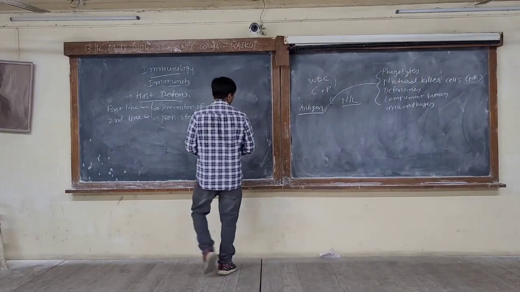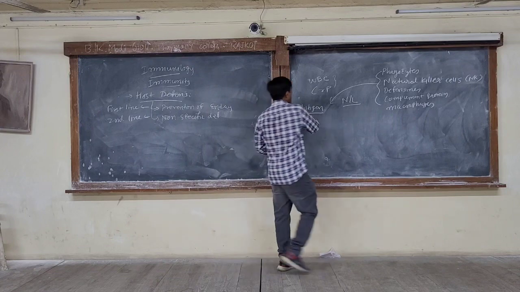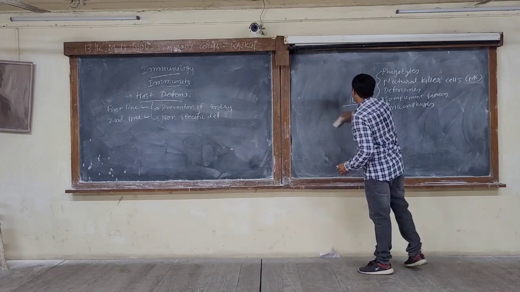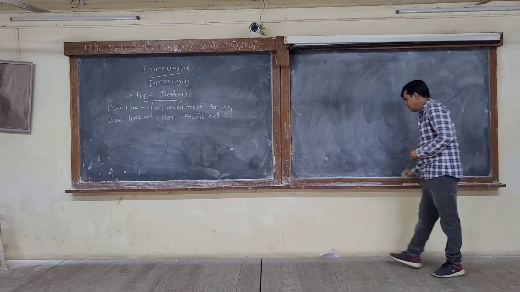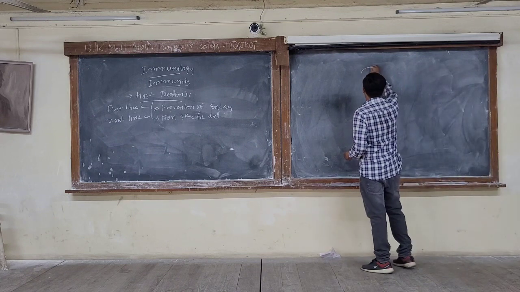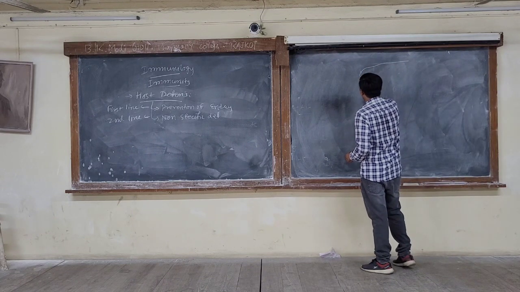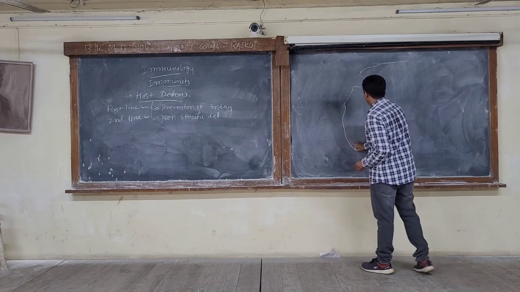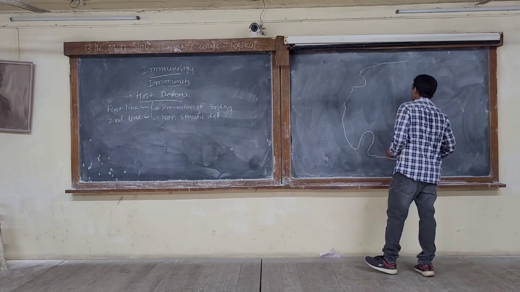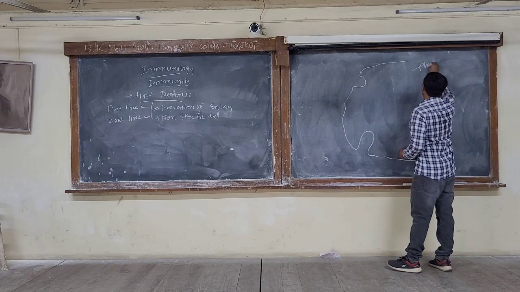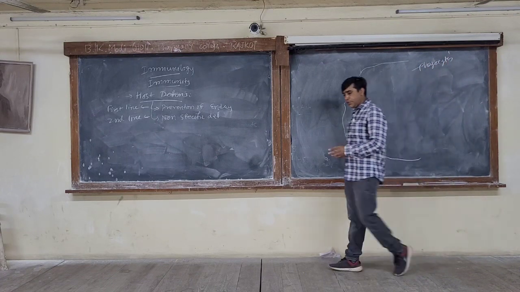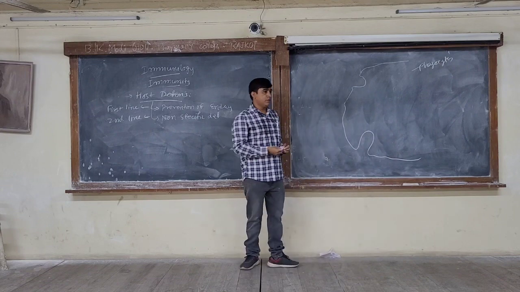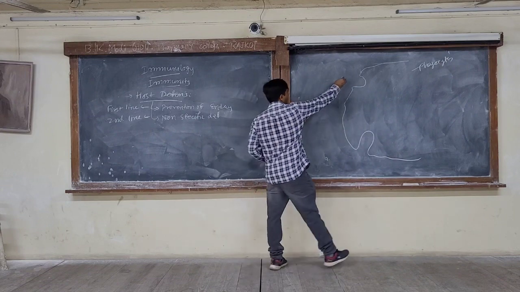Let's discuss phagocytosis. It's a normal thing. Very frequent question in the exams. So, the phagocytes are nothing but a type of WBC. What they do is, the first step is the binding of the antigen with the phagocytes.